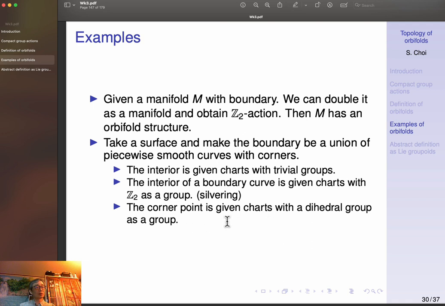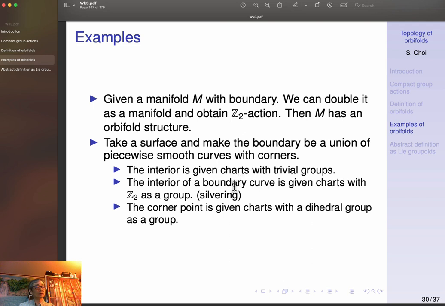A corner in this sense is just the product of two half-open intervals, or you can just use the non-negative x-axis, and then you take the product, and it gives you a corner, or the quadrant. Every point will be modeled on that set.